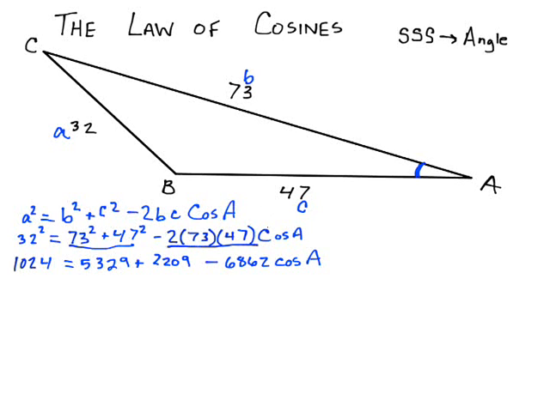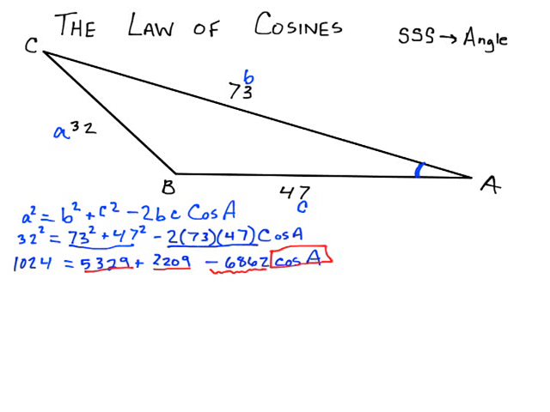Now we want to get the cosine of A, this part right here, by itself. Think of that as if it were one big old x. If I were trying to get that by itself, I'd want to get rid of this and this first, and then divide both sides by this guy right there.